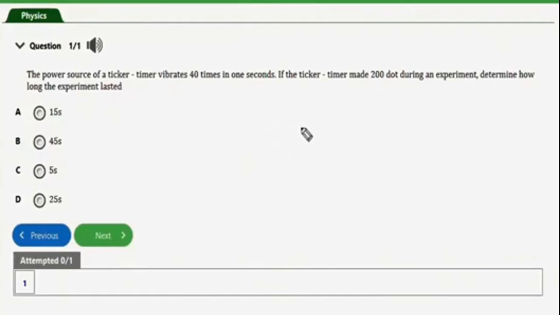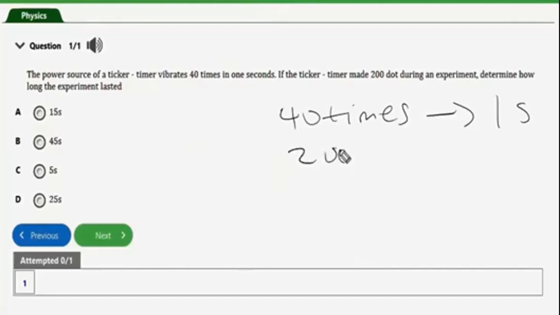Okay, so if the power source of the ticker vibrates 40 times in 1 second, then the ticker timer made 200 dots during an experiment. 200 dots in how many seconds?